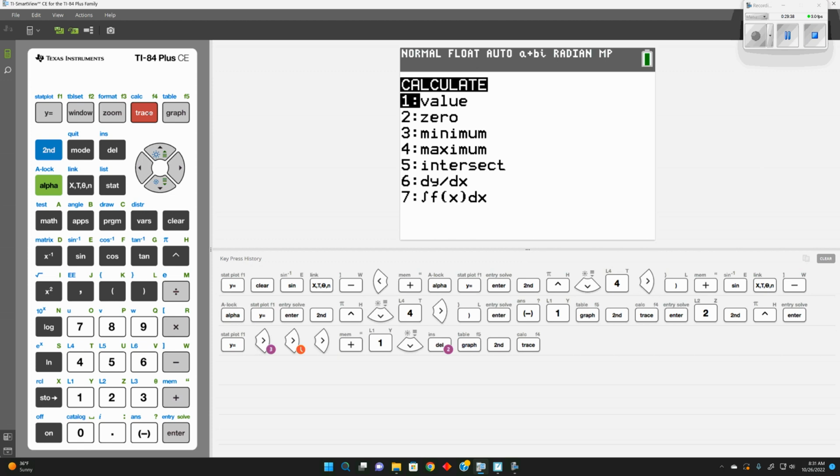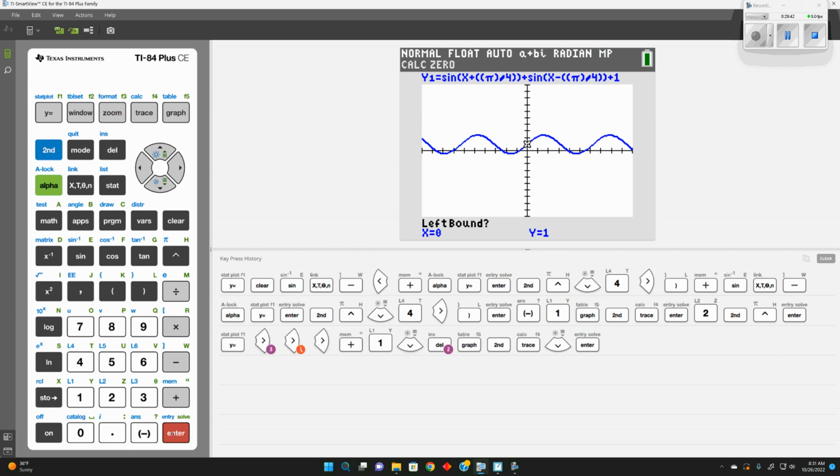We could use those to approximate or find the value. And we do this, I can do a left bound and a right bound. Really what this is saying, I'm making 2 endpoints and telling the calculator somewhere between these 2 spots, it crosses the x-axis.